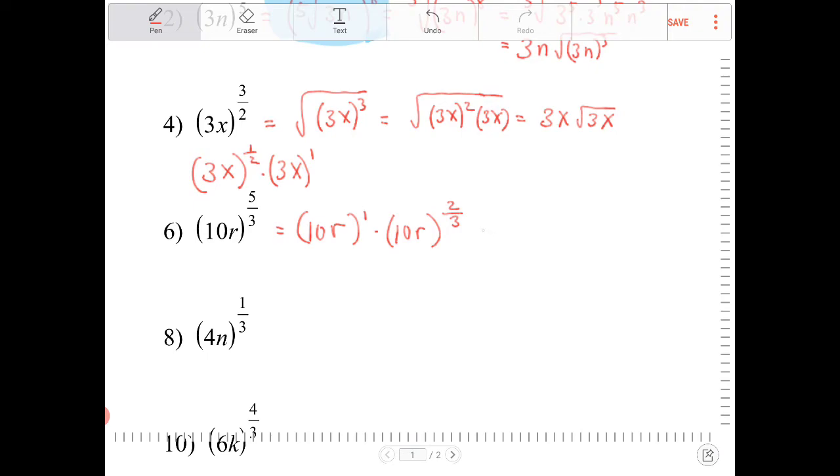And then looking at this, this becomes 10r times the cube root of 10r quantity squared. Again, the answer key actually just left it like this. So if you compare your answer or my answers with the answer key, that's what it would have been, but this is the reduced version.